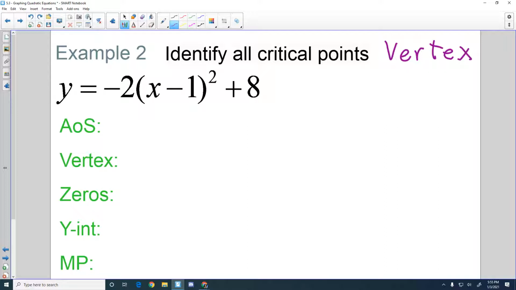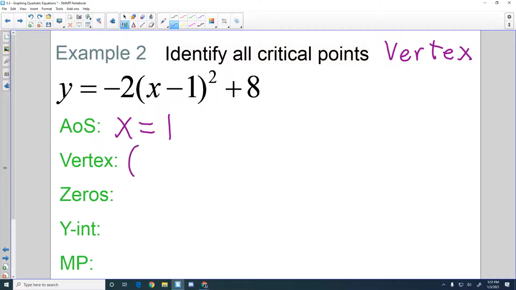First, the axis of symmetry comes from just the x-coordinate of the vertex. You basically just take the number that's being added or subtracted from the x. So you just say x equals positive 1. You do flip the sign, like we always do whenever you've got a number in parentheses with the x. So that's the axis of symmetry, x equals 1.